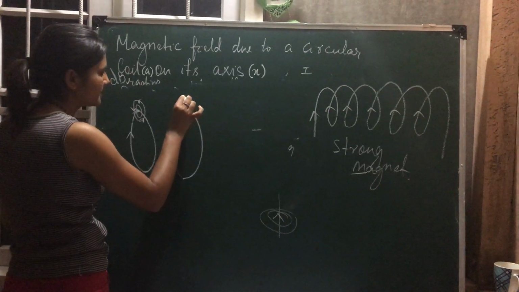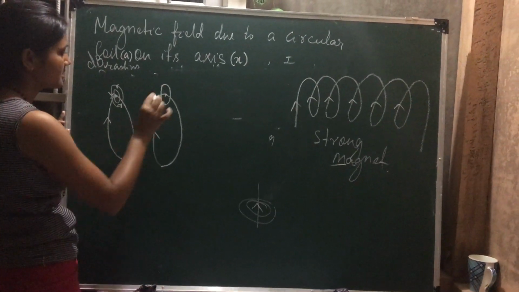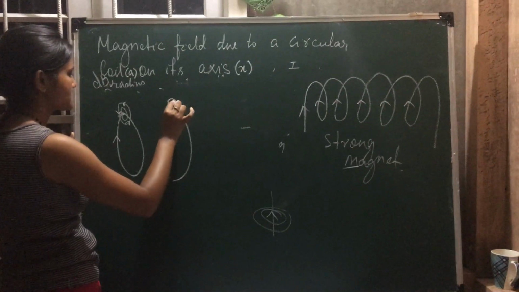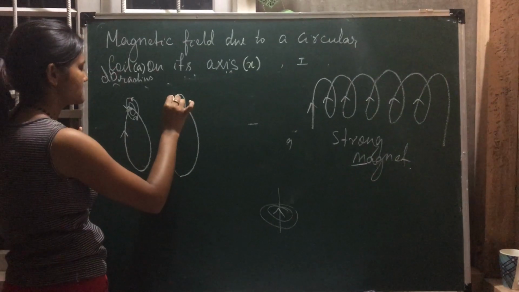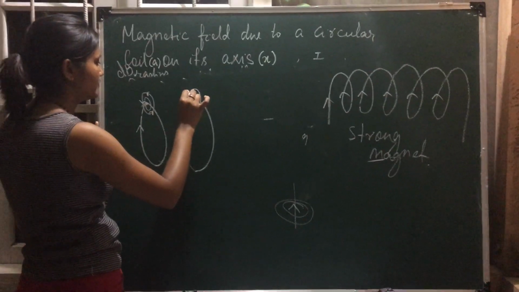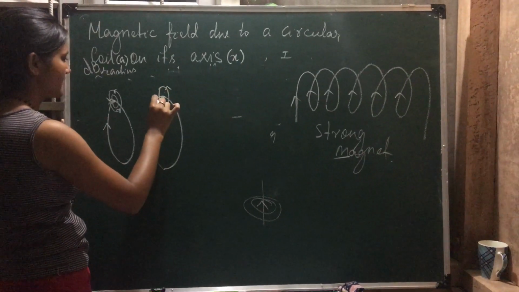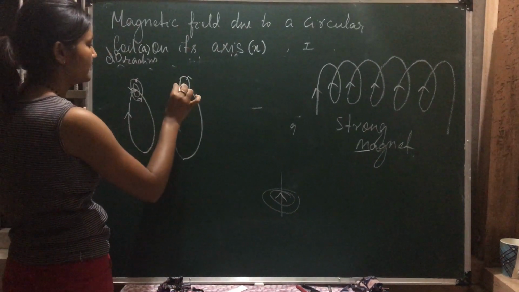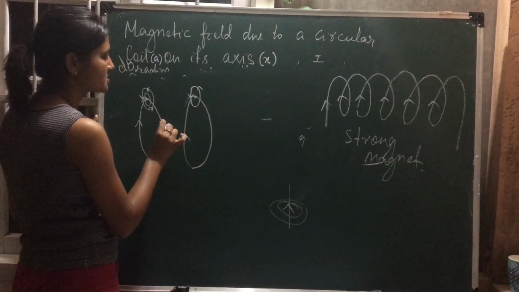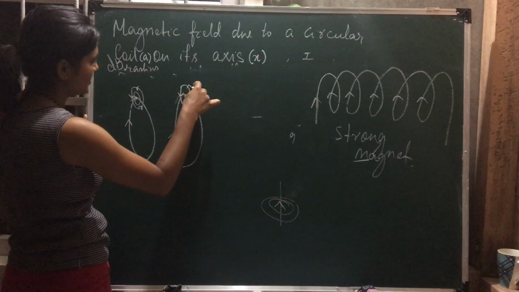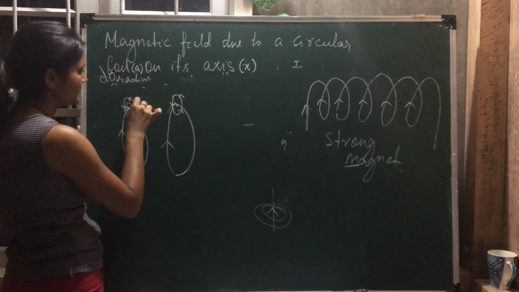I'm showing just one. If it is going anti-clock, then this is going this way, then this is coming this way, right? Then this is the one.